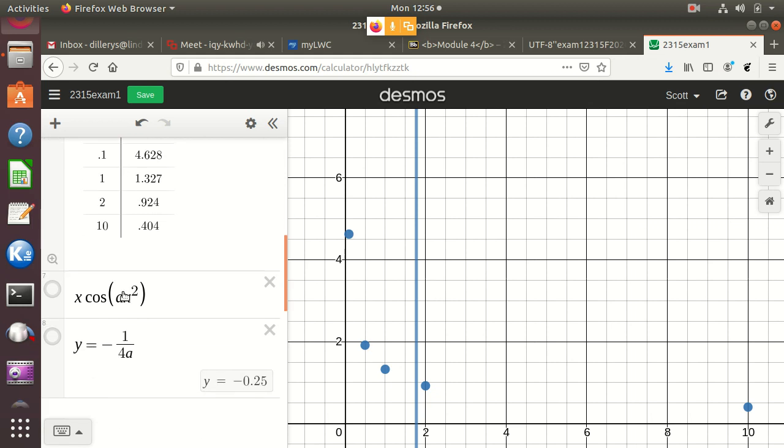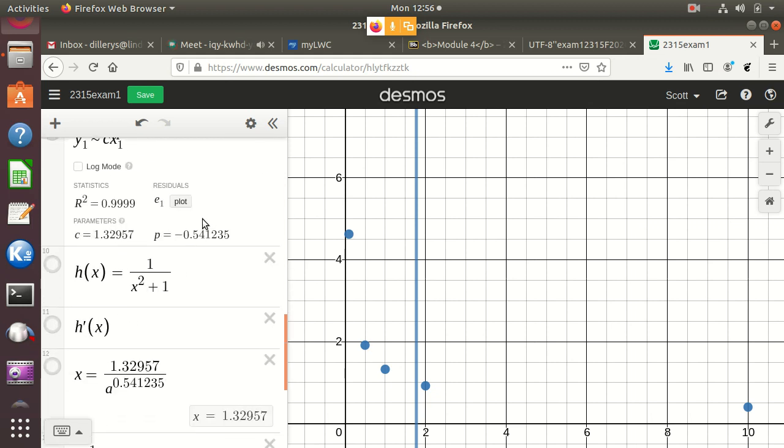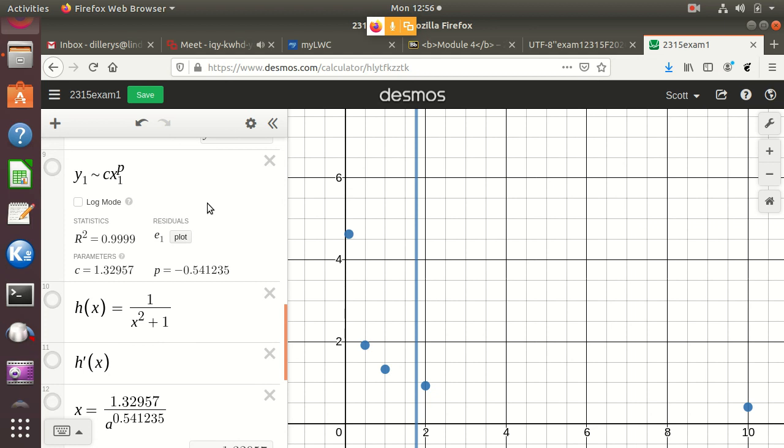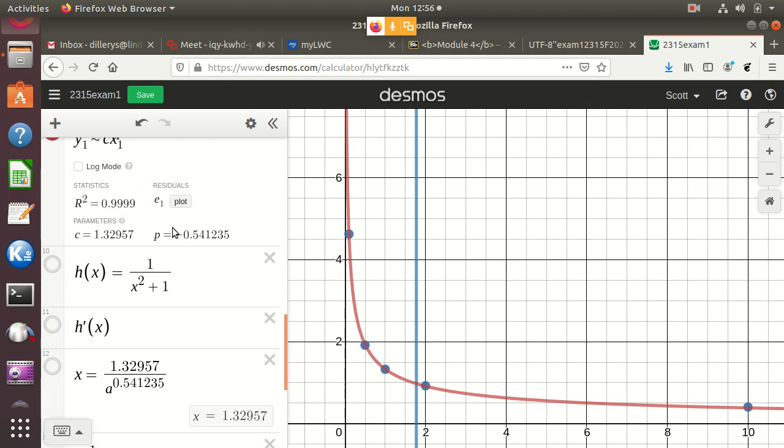And so I took those data and had this thing fit a power function, and it fits pretty well. It came up with an r squared of 0.9999, and that's about as well as I've ever seen.